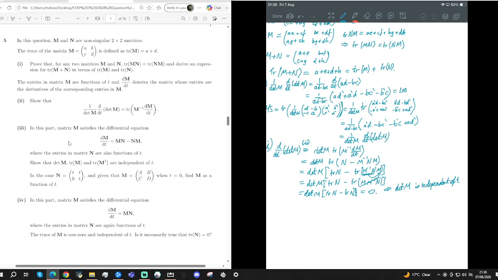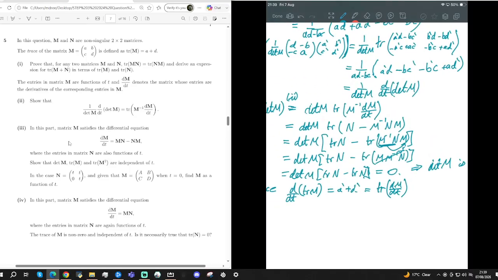But let's notice that the derivative of the trace, well, if m is the normal matrix, the trace is just a plus d, so the derivative is a dash plus d dash, which is exactly the trace of the derivative.